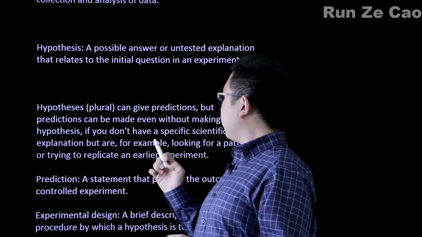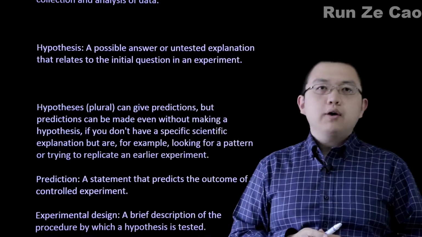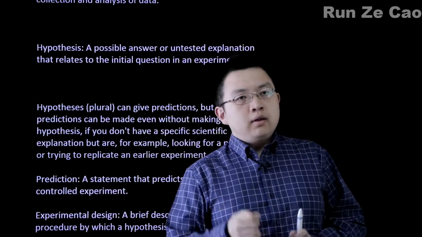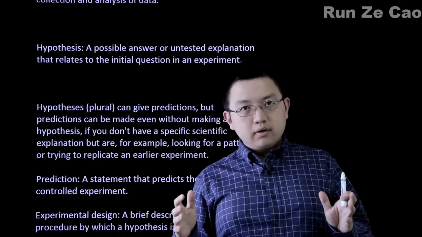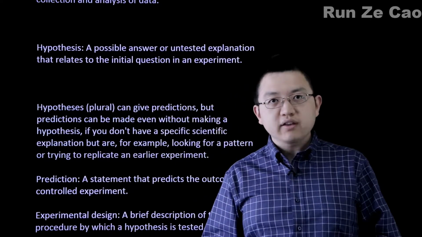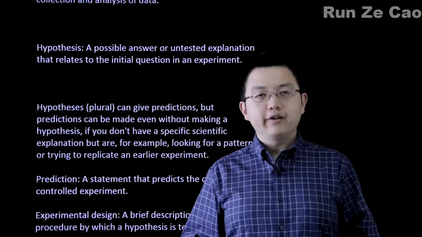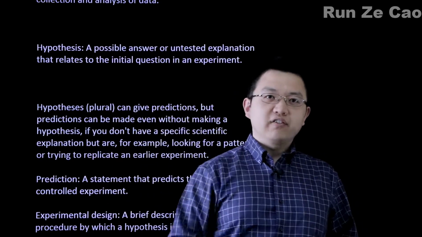So predictions can be made even without making a hypothesis. How does this work? Well, think about it. If you see a pattern, then you might not be making a hypothesis. There might not be a scientific reason for this pattern, other than, oh, to test your pattern recognition ability. But that's not a scientific reason.